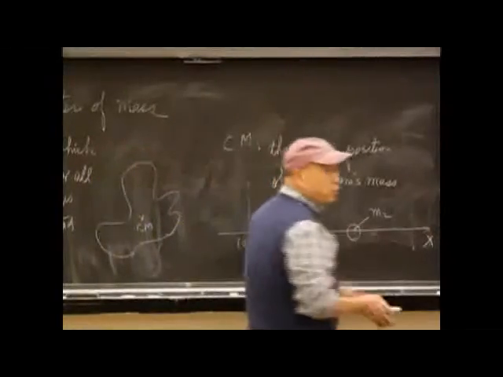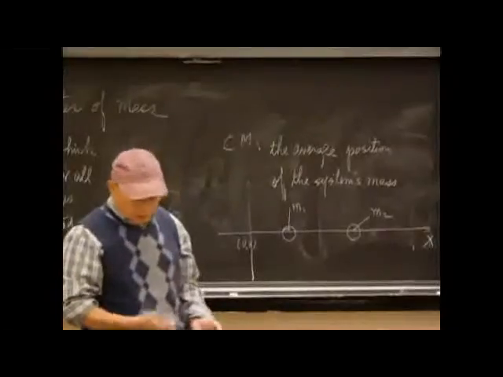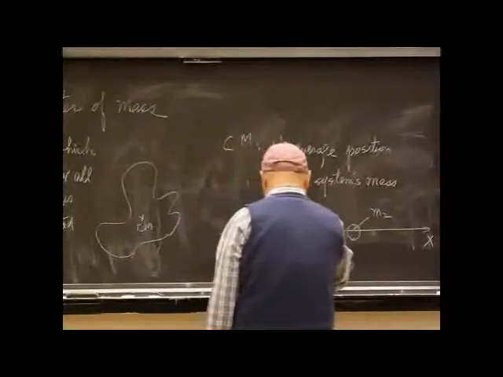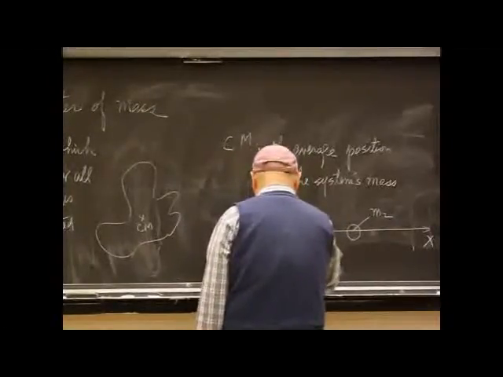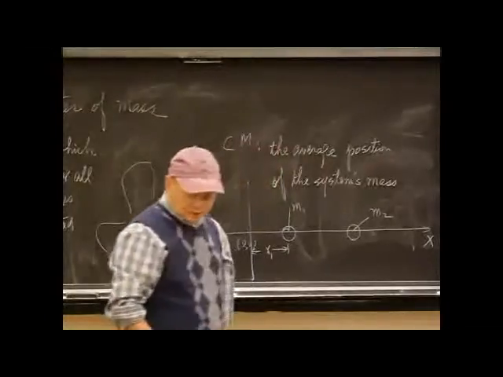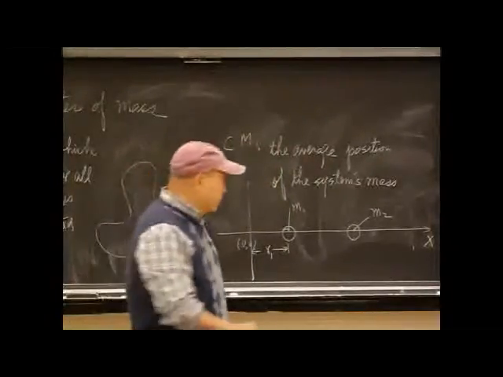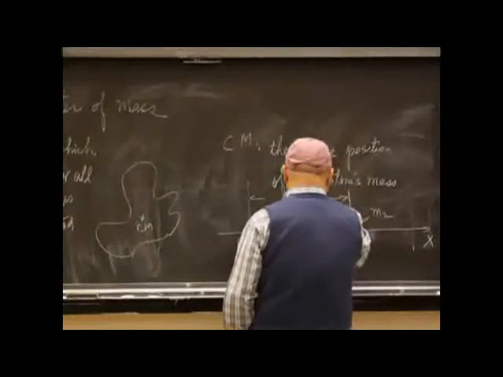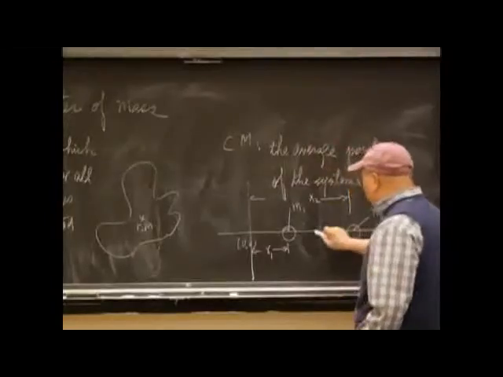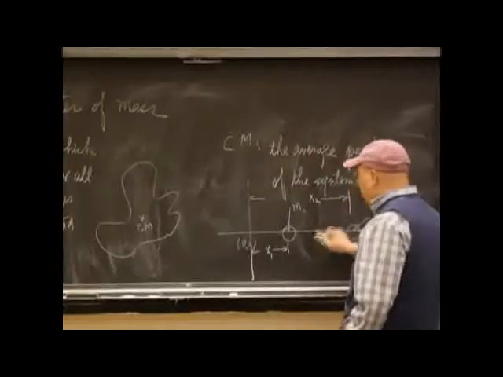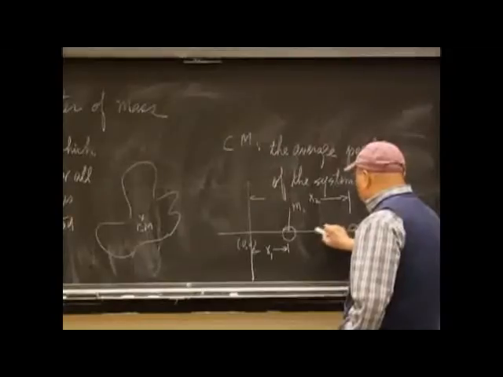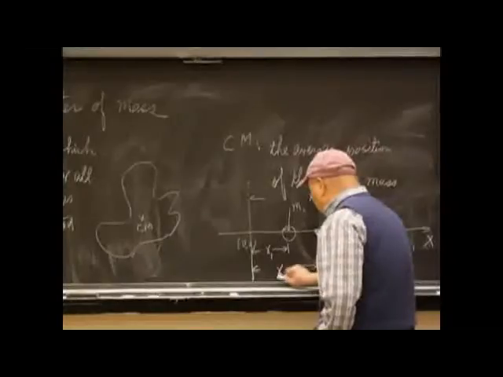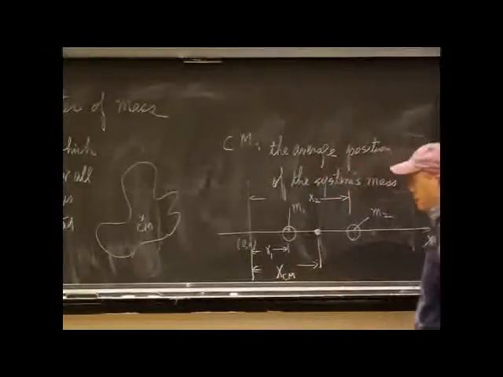Namely in here, M1 and M2 are not equal. It's not the same distance, same mass. So let's say this distance is x1, and this distance is x2. Okay? So he says, maybe the center of mass is someplace in here, considered around the x-axis.